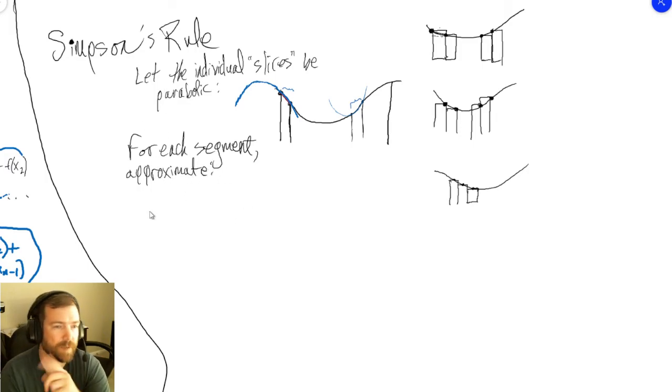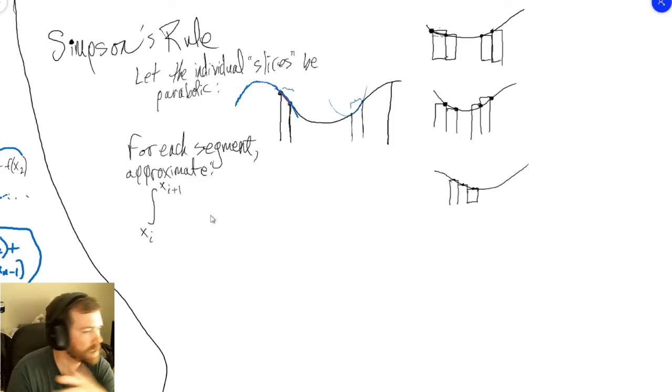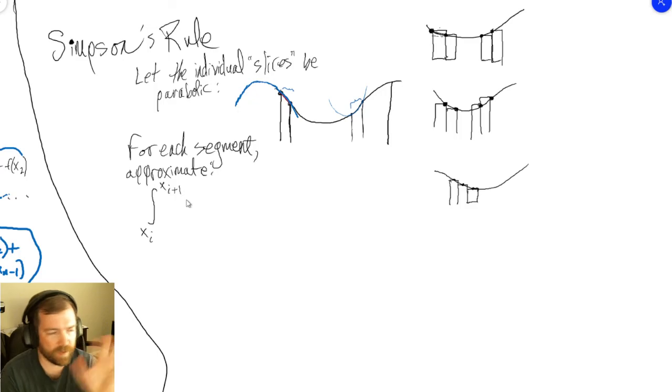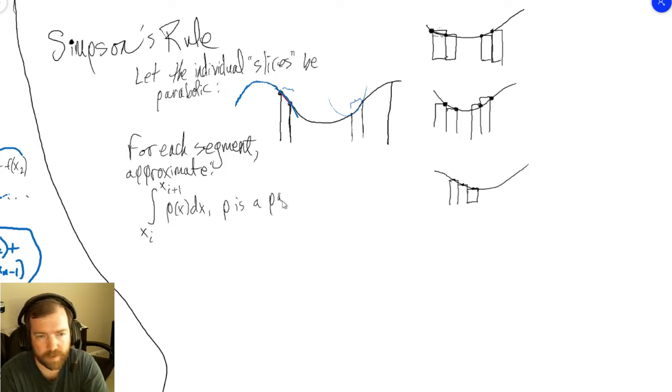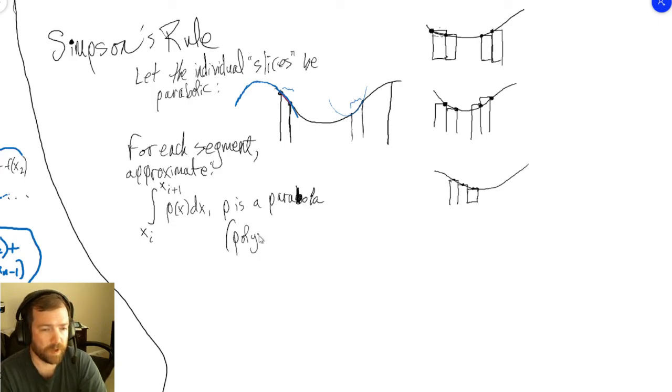So for each segment, you're going to approximate this as the integral from x sub i to x sub i plus 1, or x sub i minus 1 to x sub i, whatever we're doing, of p of x dx, where p is a parabola. Or you could even do this as just generally a polynomial.